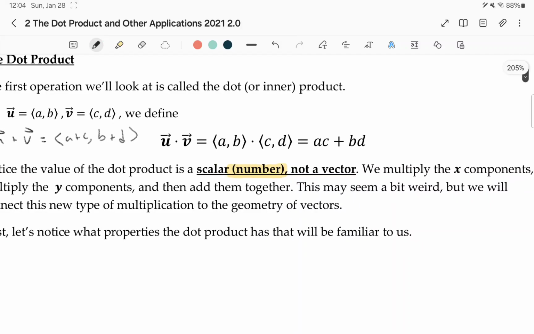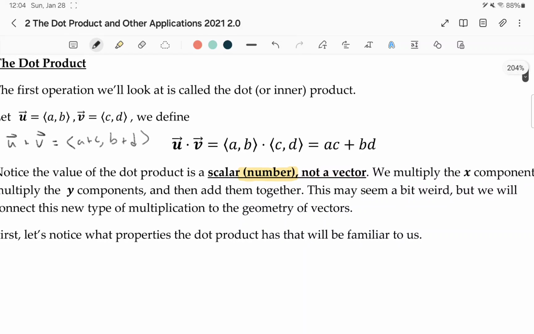It just describes the relationship between two vectors. The way you would use this is, let's say we have u vector, v vector. u dot v is equal to the components dot components, which is equal to ac plus bd. And this gives a number, like 5 or something. There are no components or anything.